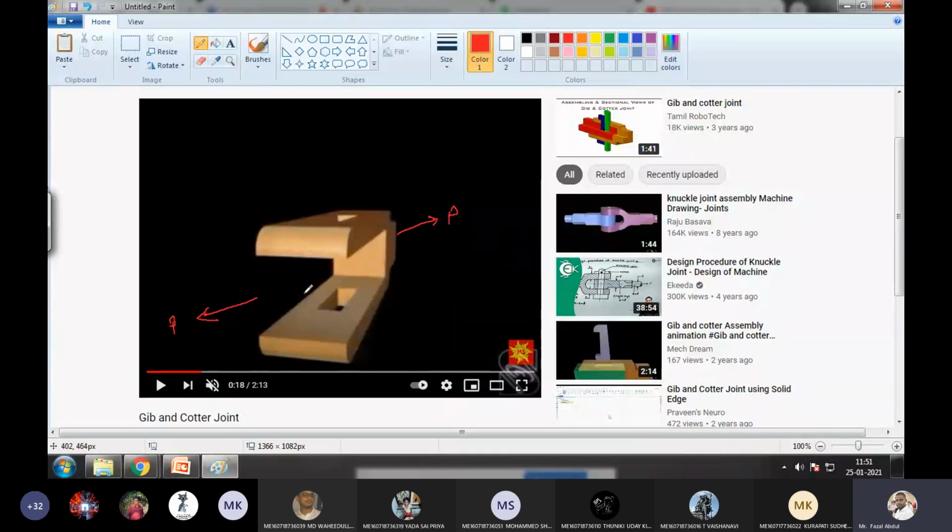Because of stress concentration, it is going to fail here. These arrow marks I am drawing for the stress concentration factor here.